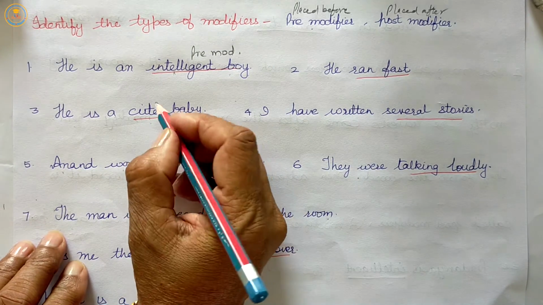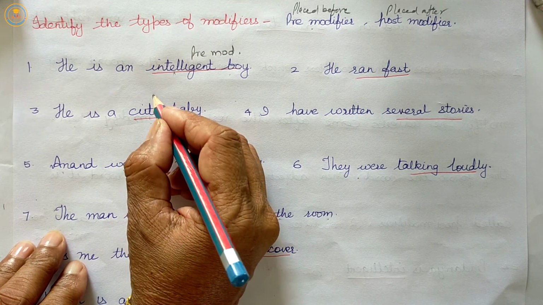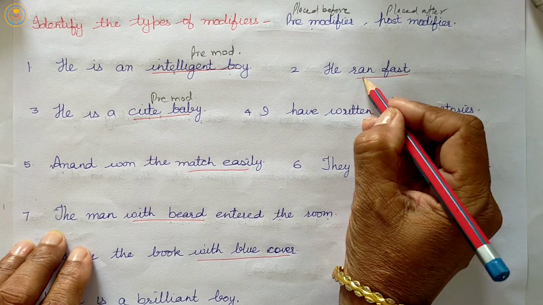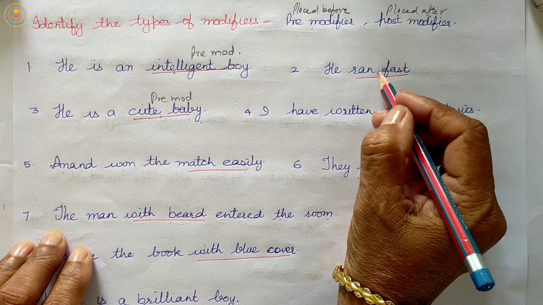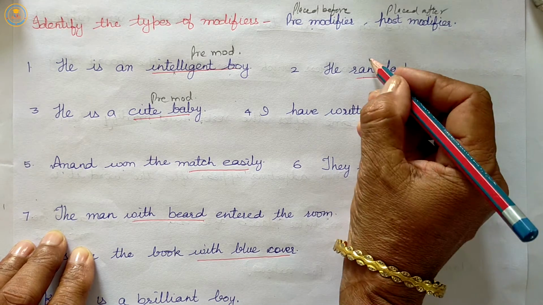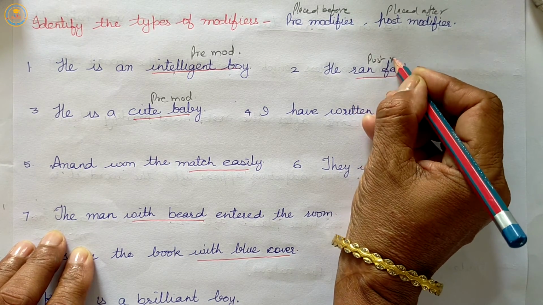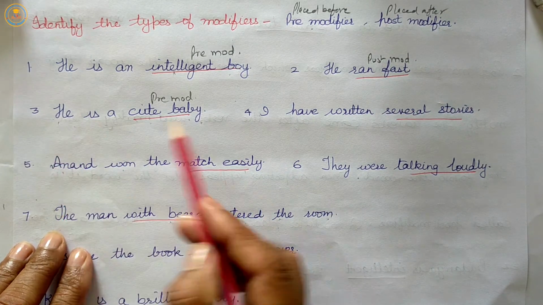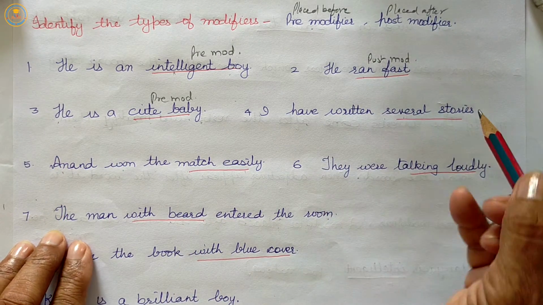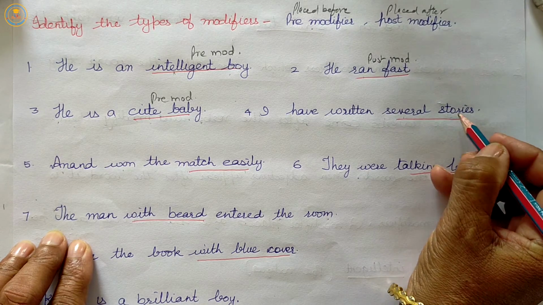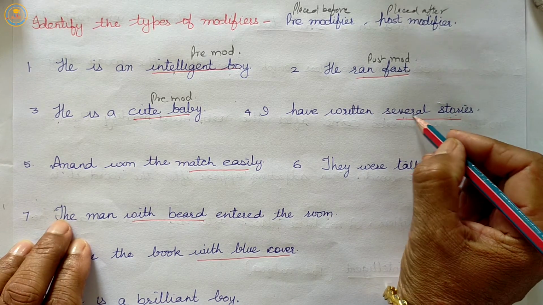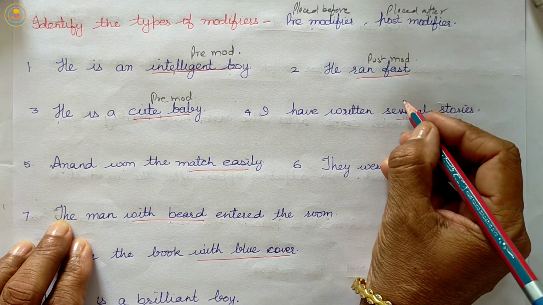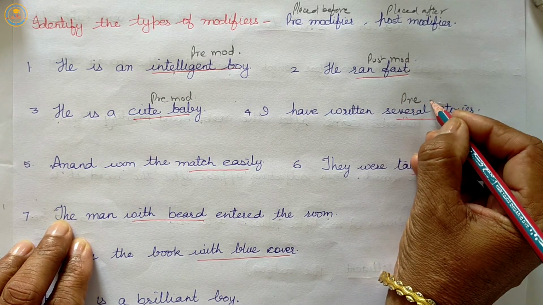Cute boy, again it is a pre-modifier. Ran fast: fast is placed after the word it is modifying, so it is a post modifier. I have written several stories: several modifies stories, so this is a pre-modifier.